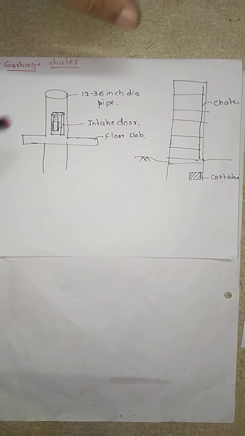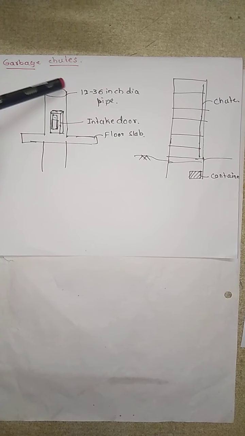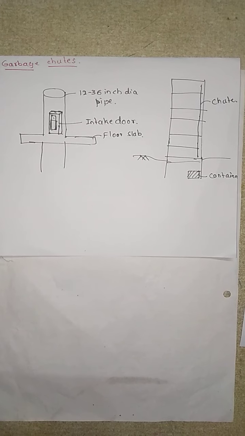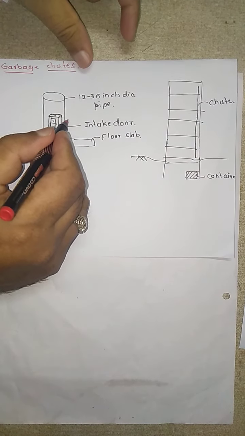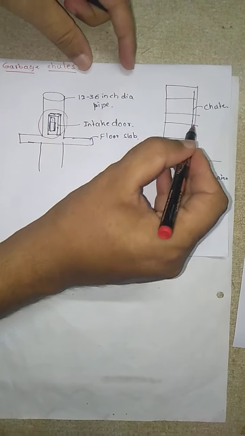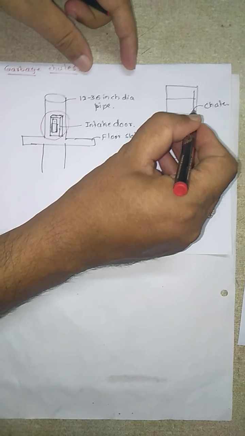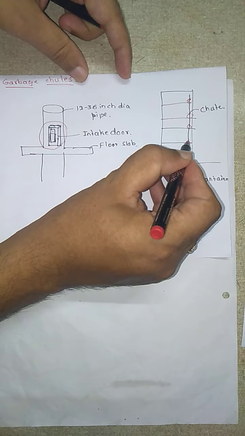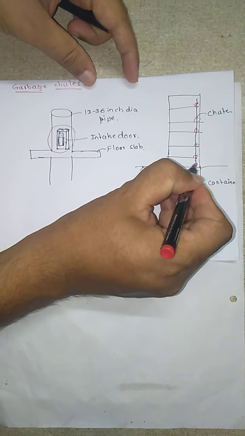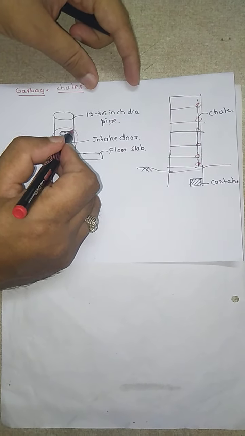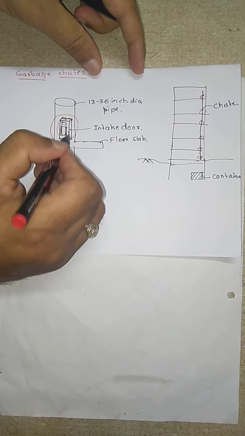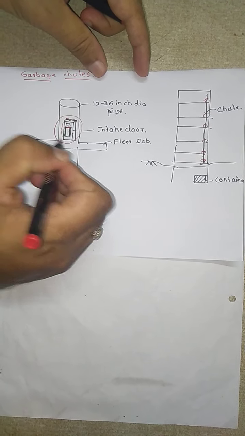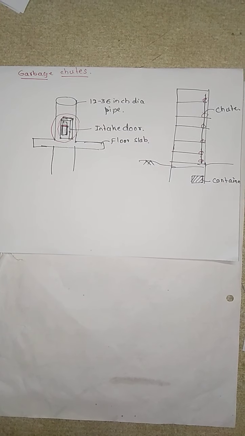So what is this collection chute? It is a 12 to 36-inch dia pipe with an opening at each floor. At each and every floor an opening will be provided, with a door supported by a bottom hinge.